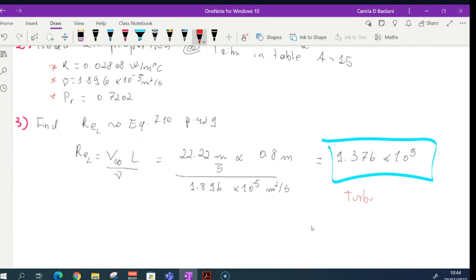I'm just confirming that it's turbulent, and that's going to help me to choose a relationship for my Nusselt number. So I have turbulent flow over a flat plate.